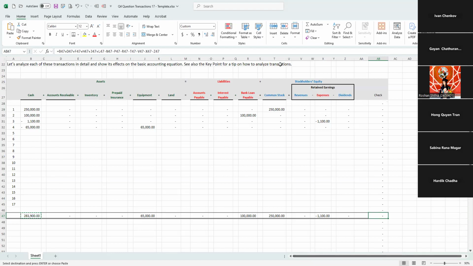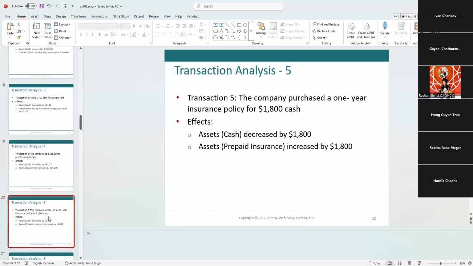Now let's do another transaction. Let's purchase an insurance policy, a 1-year insurance policy. The insurance company always wants cash, so we have to pay cash.